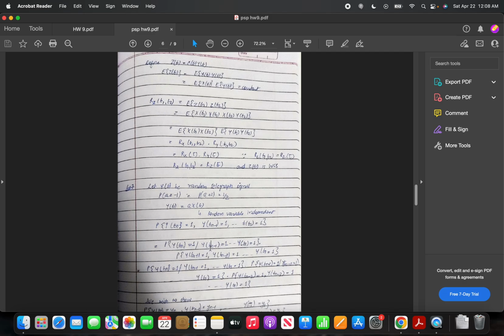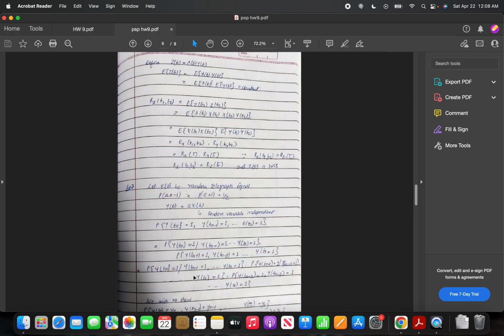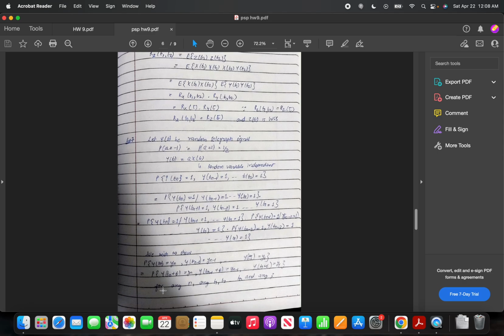And we also know from the question that we need to show that the probability of Y(tn) equals yn, Y(tn-1) equals yn-1, and so on up till Y(t1) equals y1, basically this whole term, should be equal to the probability of Y(tn+epsilon) equals yn, Y(tn-1+epsilon) equals yn-1, up till Y(t1+epsilon) equals y1.